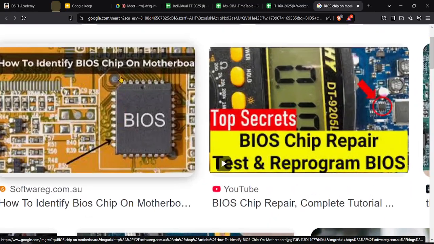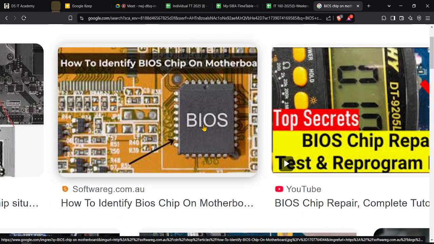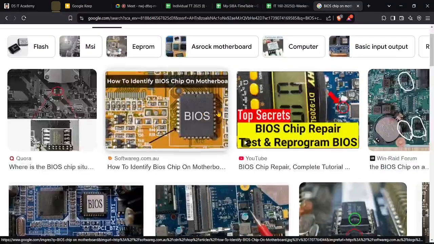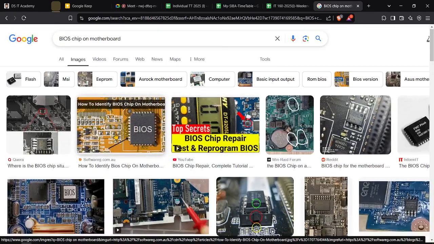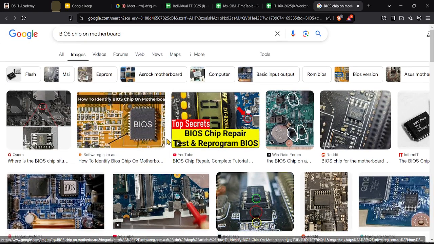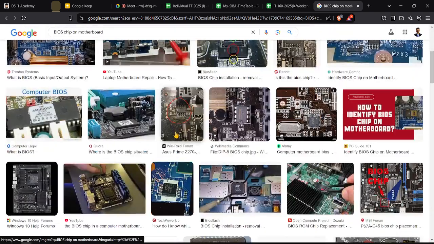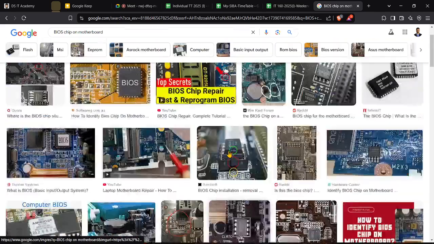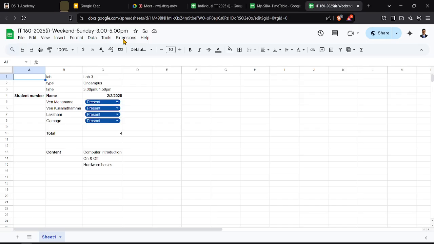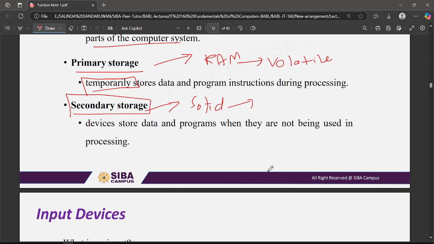It's in the motherboard, and you can't change it. Sometimes they give the option to update the BIOS chip, for example when you get problems. Anyway, normally we say we can't change the BIOS. It's solid.